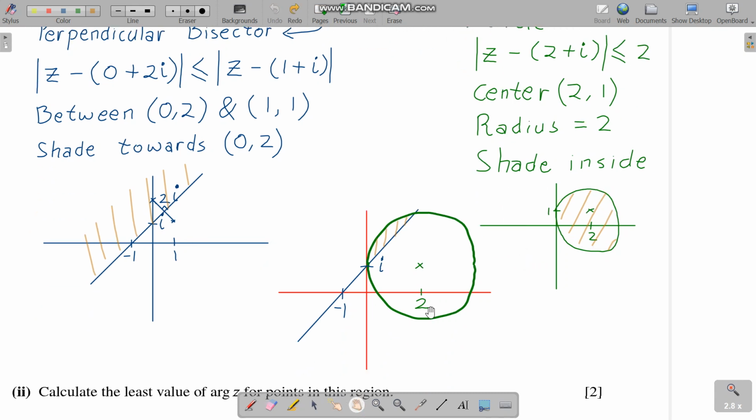We don't have to draw the blue and the green actually, but at least we have to draw this for the final answer. So we have a circle, label the center of the circle, make sure it is touching the y-axis, and we have the perpendicular bisector, label the x-intercept and y-intercept, and the intersection of the shaded area would be only this part.